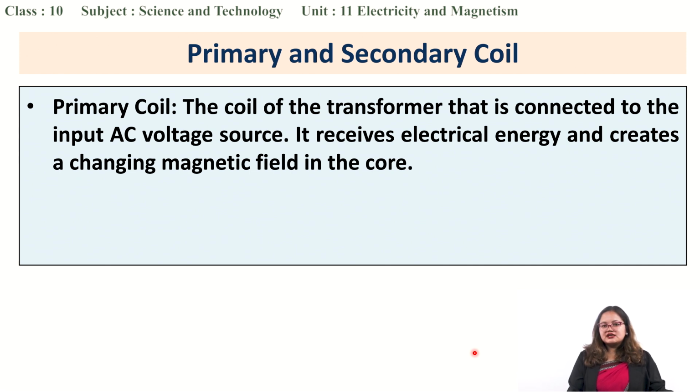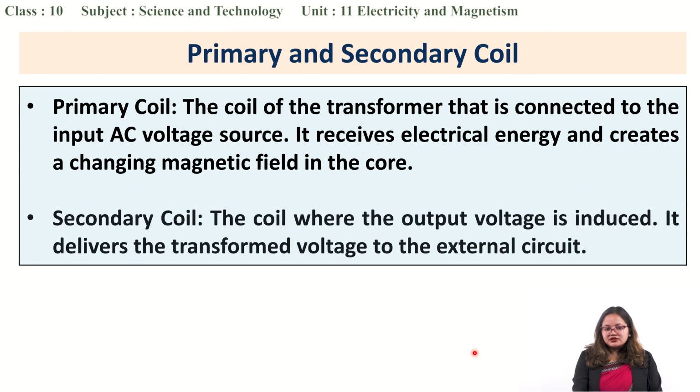If we use an AC source on a certain side of the transformer using a certain winding, that side is the primary coil. It receives electrical energy, and what happens? It creates a changing magnetic field. Because we are using an AC source, the alternating current periodically changes its direction, which constantly keeps changing the magnetic polarities and strength, which induces EMF on the neighboring coil, which is the secondary coil.